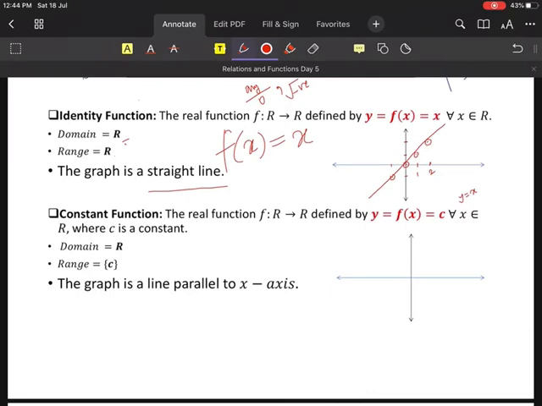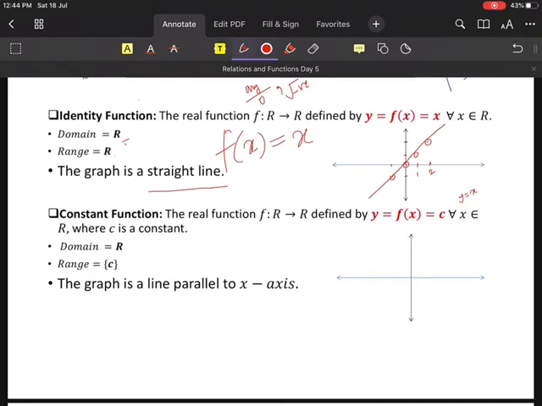Now we move on to the constant function. Constant means what? Constant means fixed, right? It will never change no matter what. And variable means it is always changing.